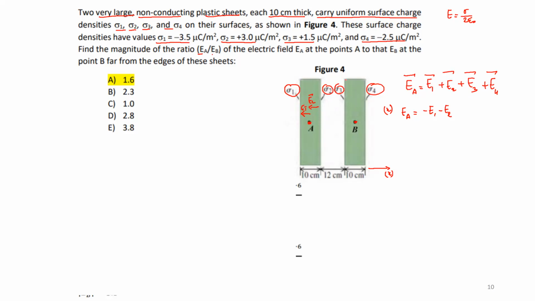Now E3, of course, sigma 3 is positive, so E3 will be pointing away. So minus E3. Now sigma 4 is negative, that means E4 will be pointing towards. So plus E4.